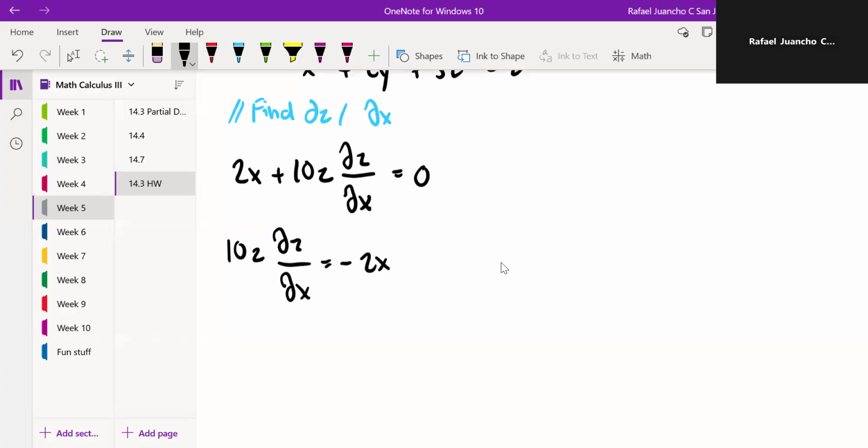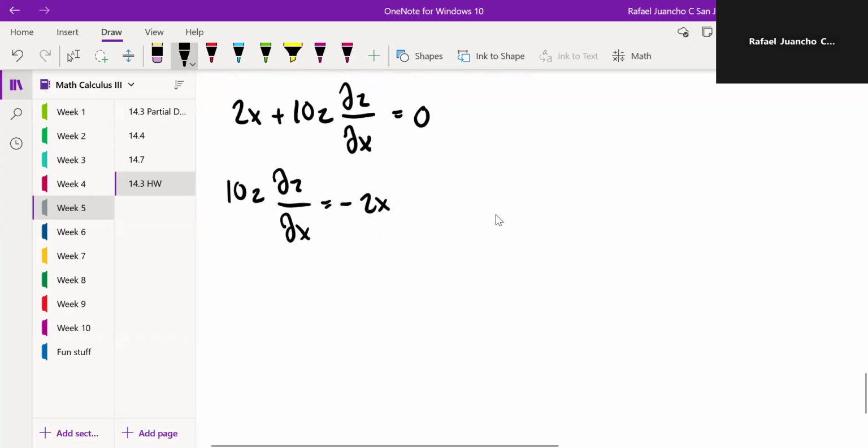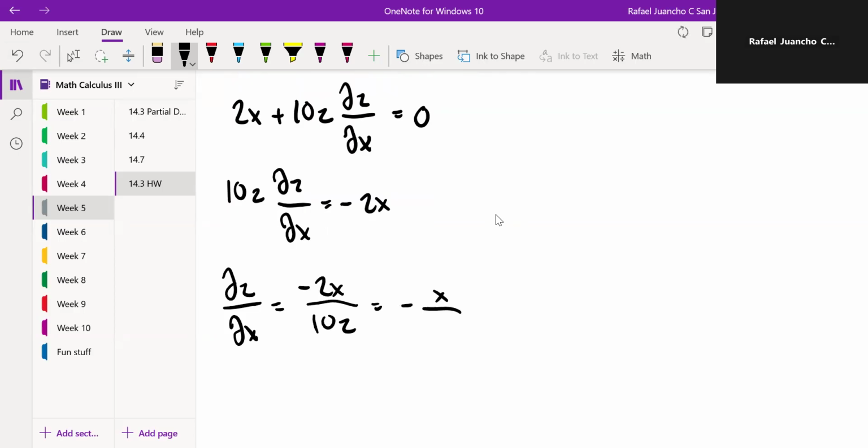I can divide it in this case, so I can say negative 2x over 10z. Well, here I could just say negative x over 5z, right? Then that would be my answer.